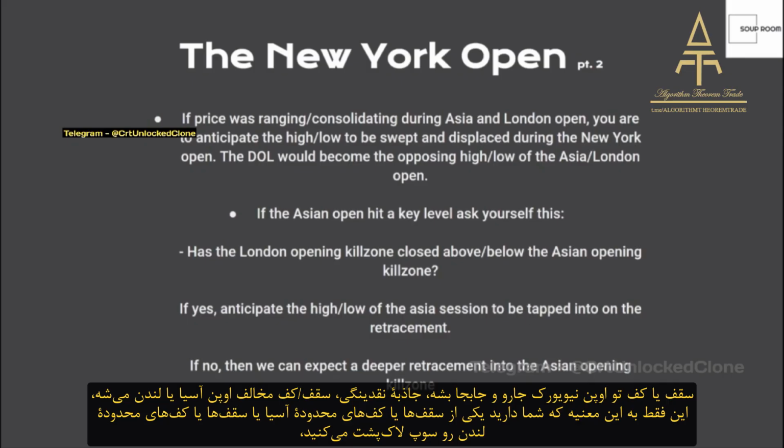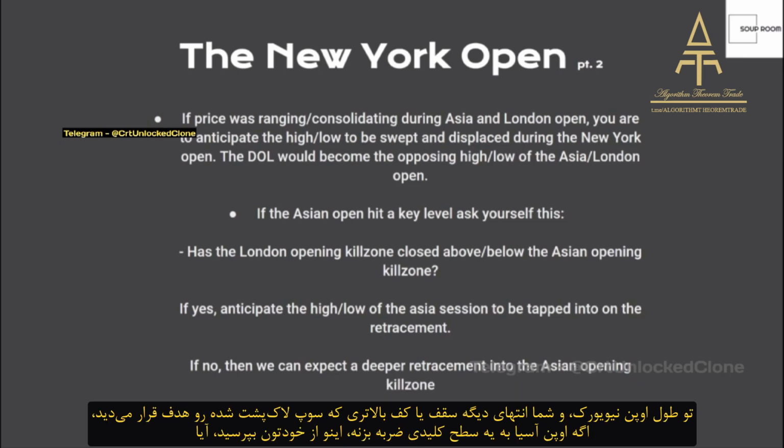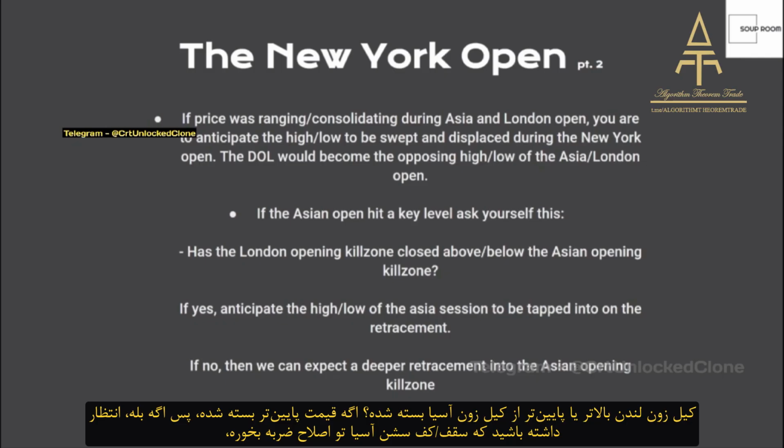This just means that you're turtle souping one of the Asia range highs or lows or the London range highs or lows during the New York Open, and you're targeting the other end of the range that was turtle souped.